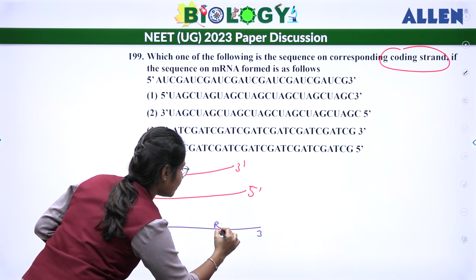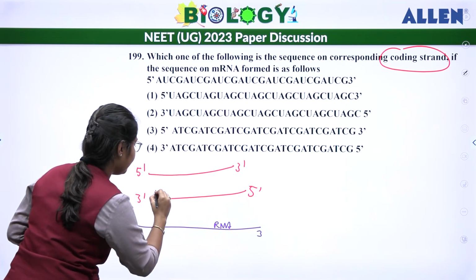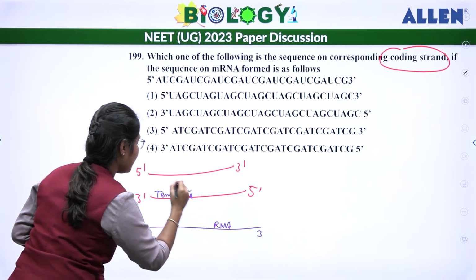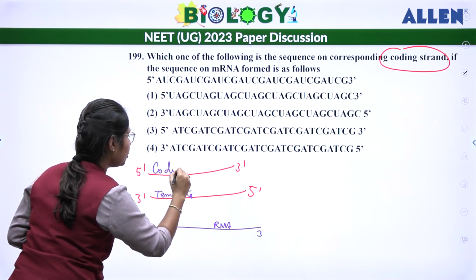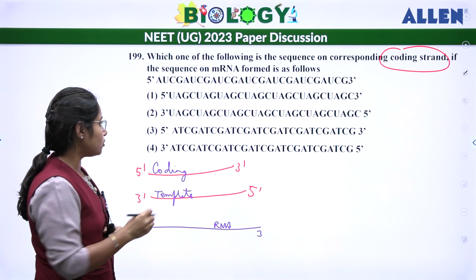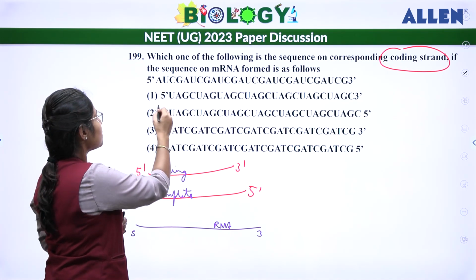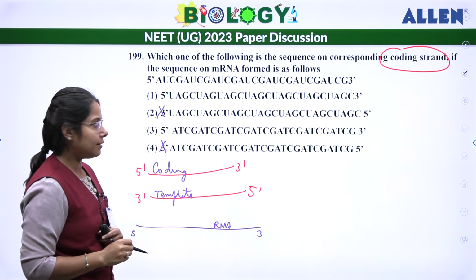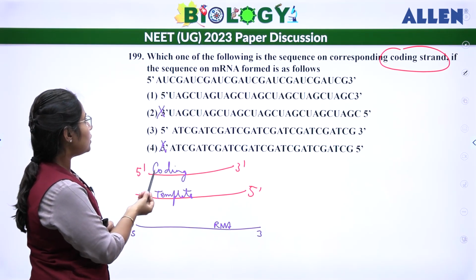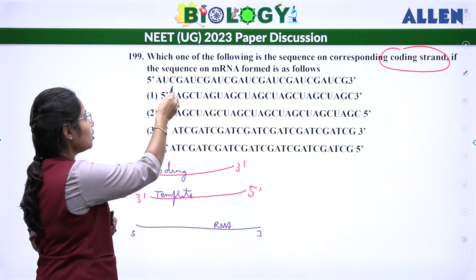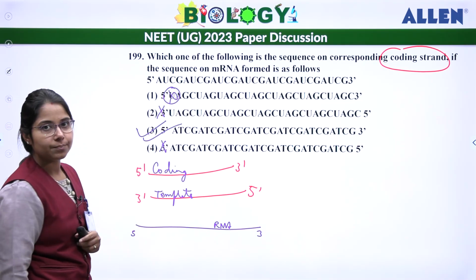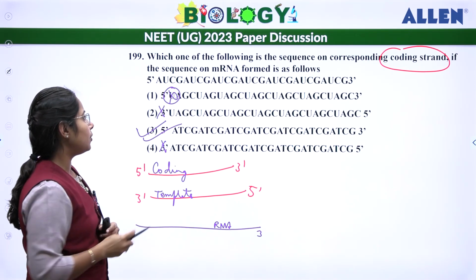This will be your template strand and this will be your coding strand. First of all, the coding strand is from 5' to 3', so this option as well as this option gets negated. Secondly, the DNA molecule is there in a coding strand, so uracil will not be present. What will be present is thymine.